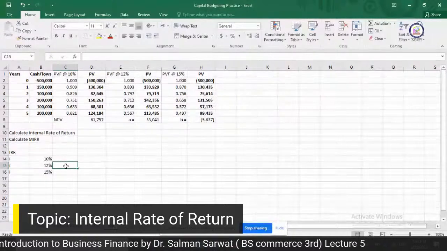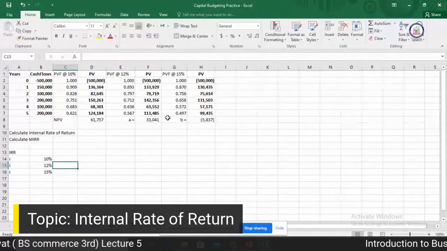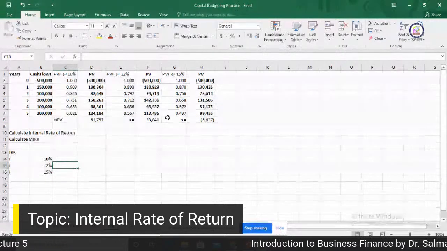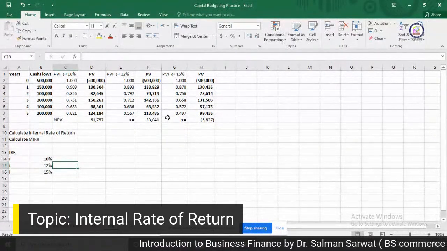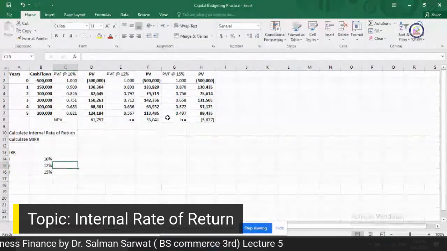So at the 12%, we have the net present value of 33,000, which is positive.